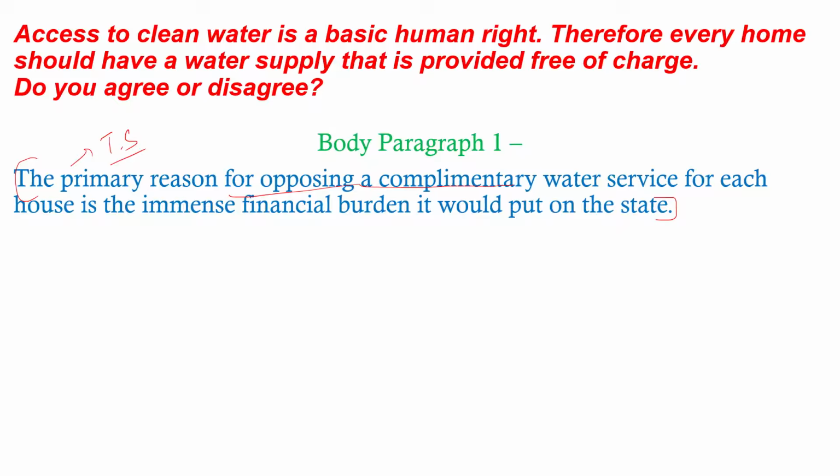Now what we will do is we will explain why we are opposing this, why we are not in agreement, or why we disagree with this. This is because maintaining the complex infrastructure for water purification and widespread distribution demands substantial and continuous funding.